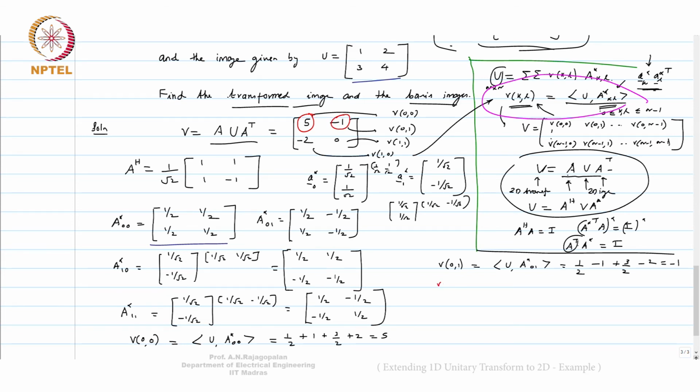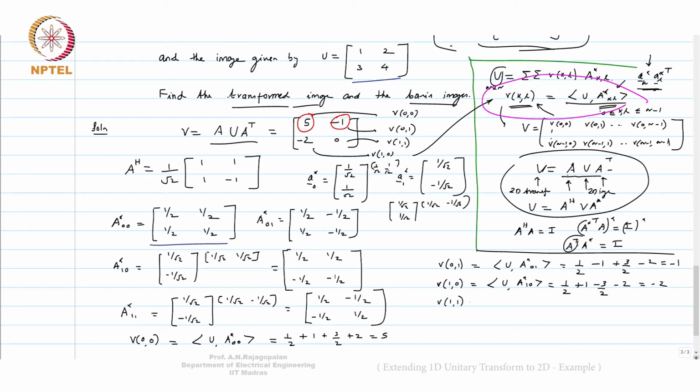Okay, then come to V10. V10 is inner product of U with A star 1, 0. So 1 into 1 by 2, that's 1 by 2, plus 1, minus 3 by 2, minus 4 by 2, is minus 2. So minus 2, right? These two cancel off. Then V11.